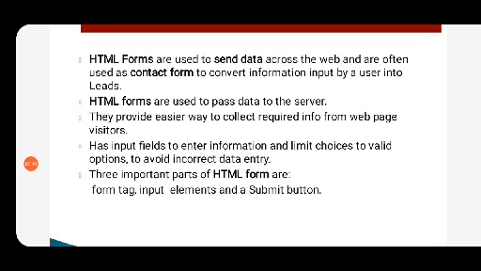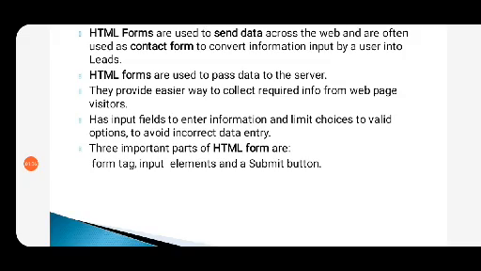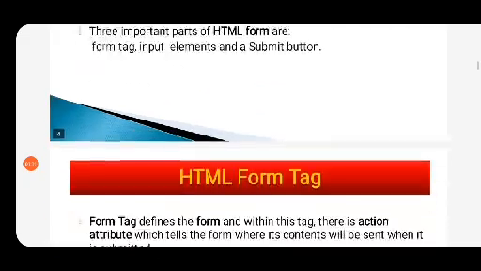It has some input fields to enter information and limit choices to valid options to avoid incorrect data. The basic important parts of HTML forms are the form tag, input fields or input elements, and a submit button.